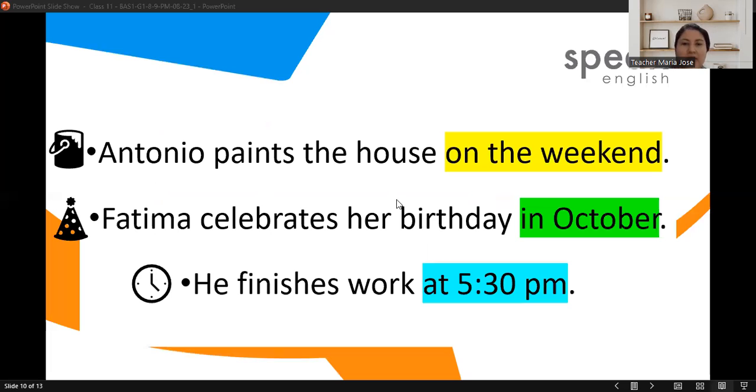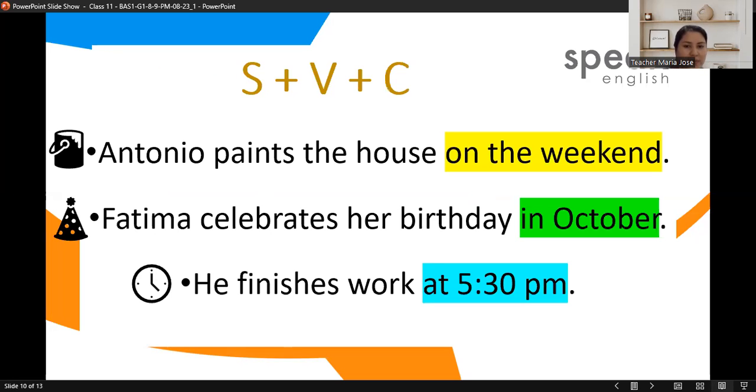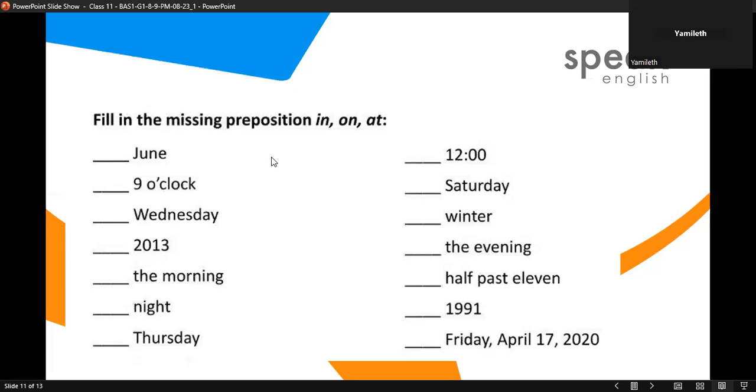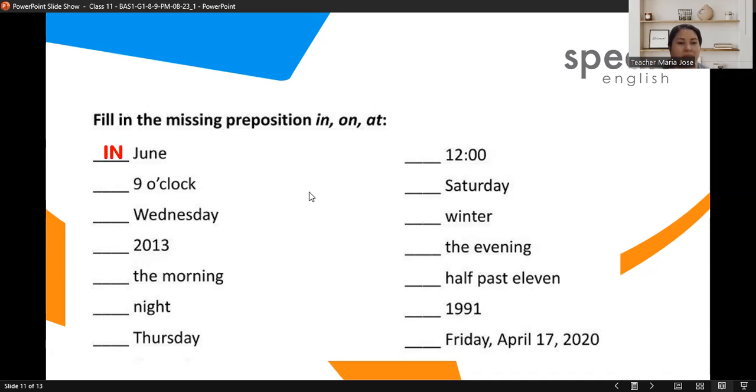Okay, perfect. So now that we check the information, we can continue. Let's practice a little bit. So tell me if I need in, on, at, okay? For example, in number 1, Jamilet, in, on, at. June. Class, when you go to school, when you go to the university, you have different subjects. In, with different classes. In, okay.